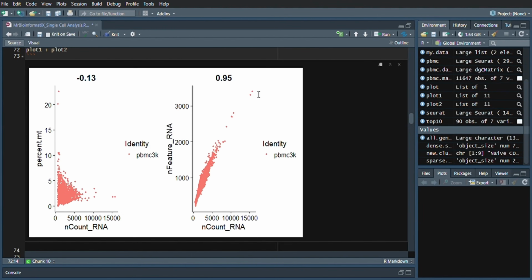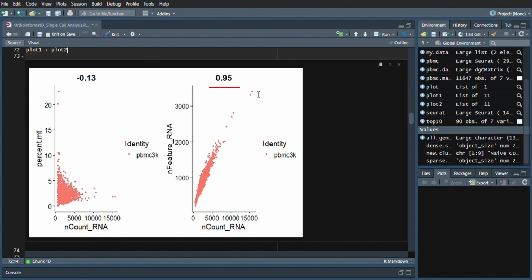This means that the cell has an unusually high number of unique genes and a high total RNA count. This indicates that it likely represents an outlier or doublet, and should be investigated further. The correlation coefficient above the plot is 0.95.